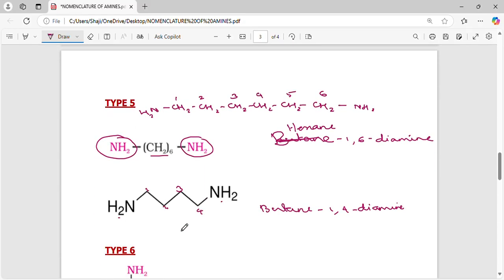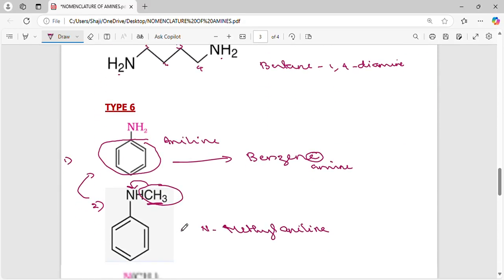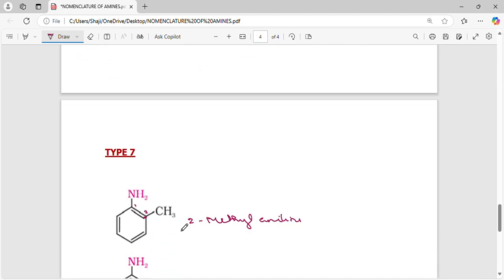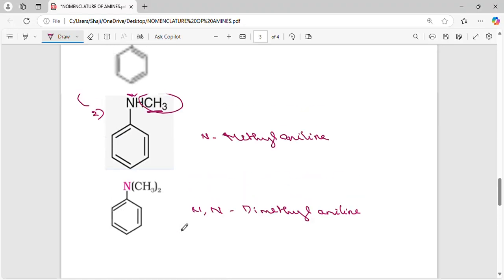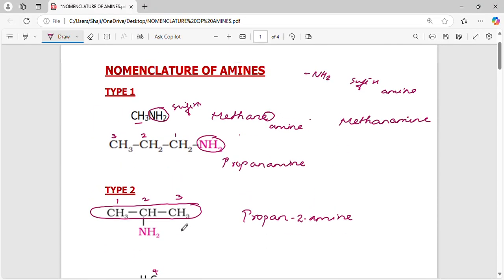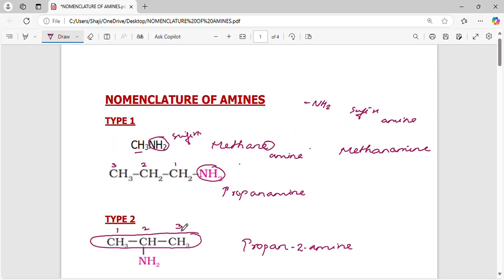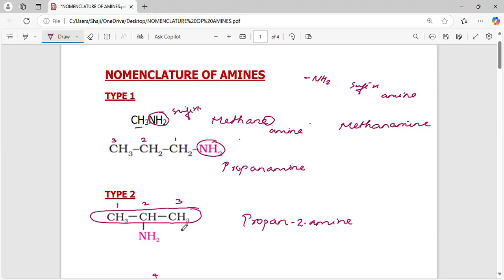Type 5 is multiple amino groups. Type 6 is aromatic compounds. Type 7 is also aromatic compounds but having substituents in the benzene ring. So if you follow this method of finding the nomenclature, it will be easy for naming the amines. So I hope you understood. Thank you all.